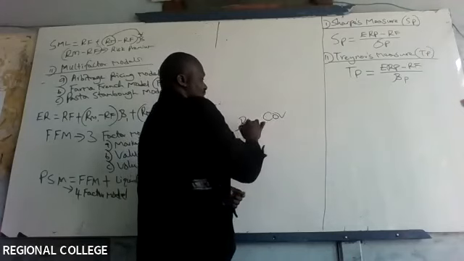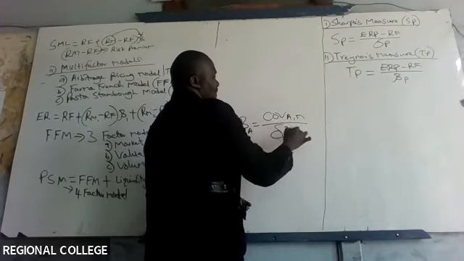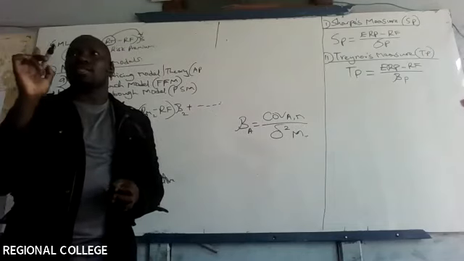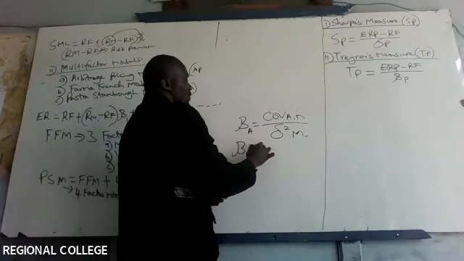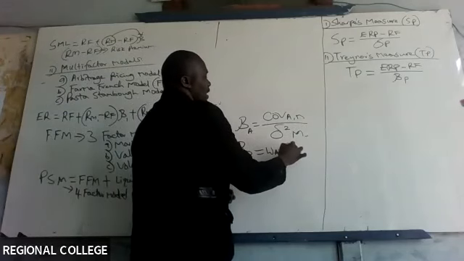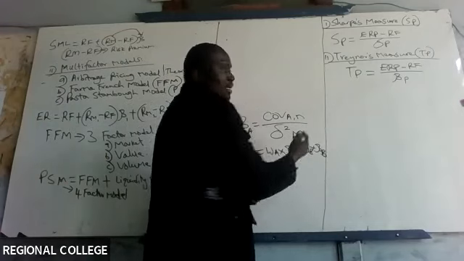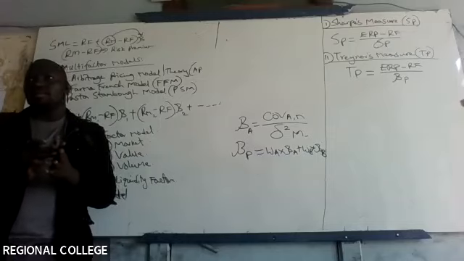Covariance of the asset and the market, over variance of the market. But now that is the beta of the asset, not of the portfolio. Beta of the portfolio equals weight of A times beta of A plus weight of B times beta of B. Yes, the portfolio comes together.